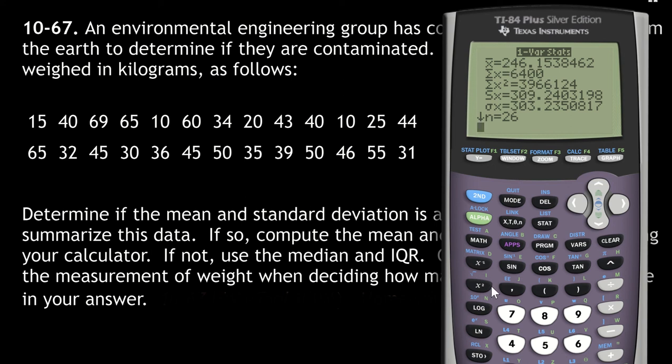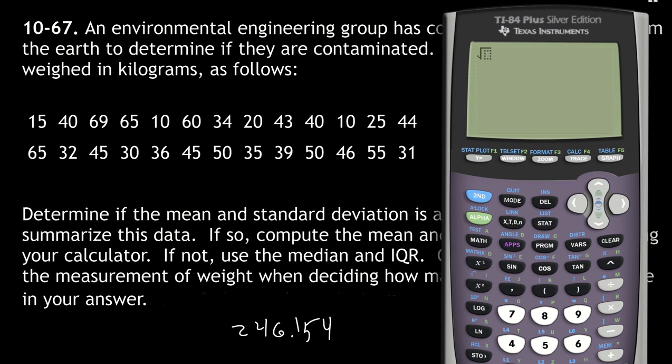Now, the answer that I'm looking for, the standard deviation for this data set, is the square root of that number. I'm going to forget that number if I don't write it down. So let me write down 246 point, I'll just do 154. So I'm going to take the square root of 246.154.